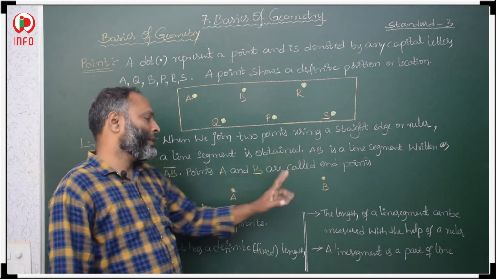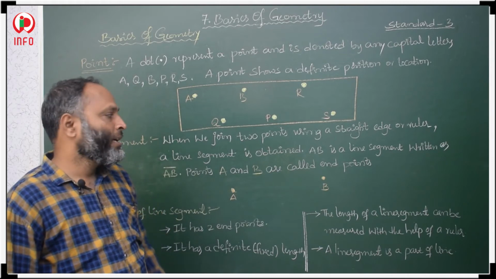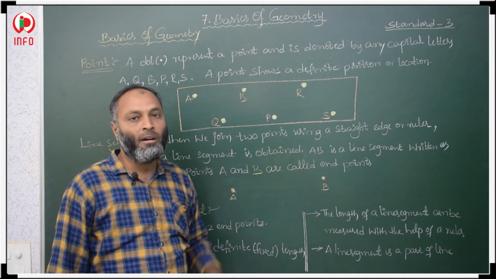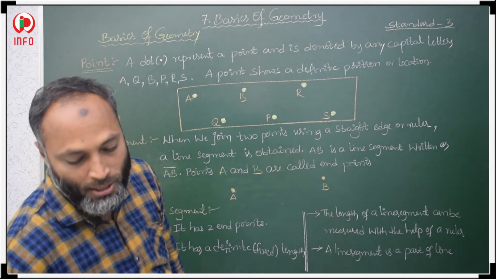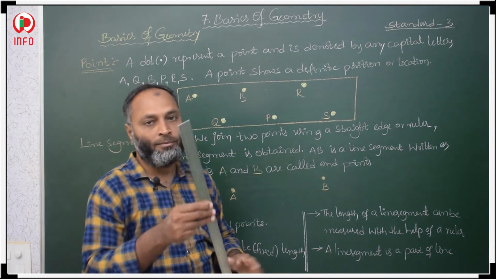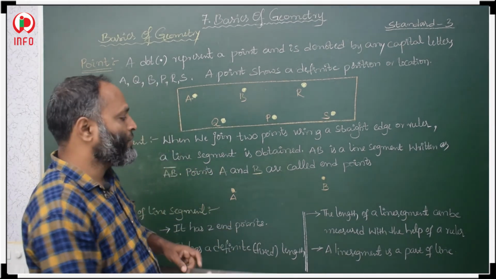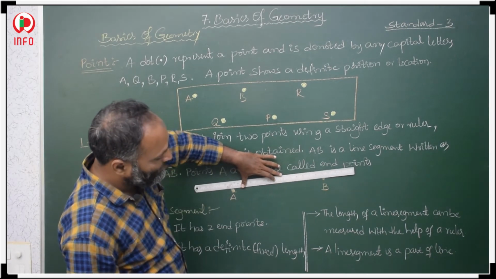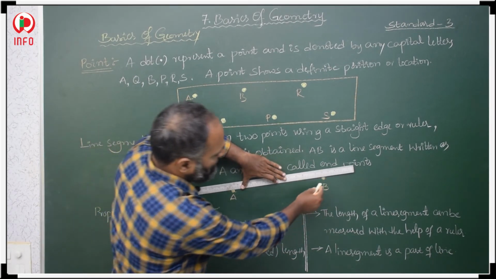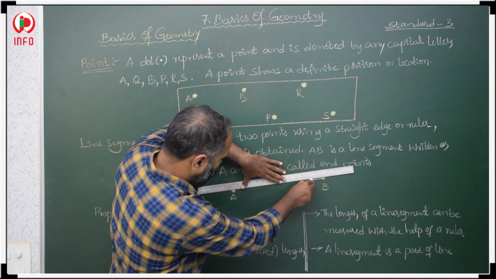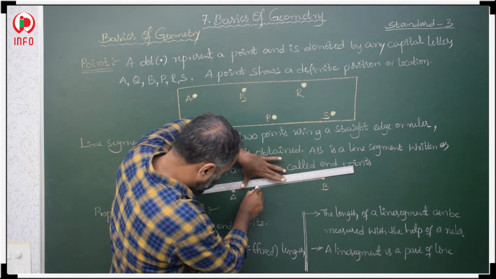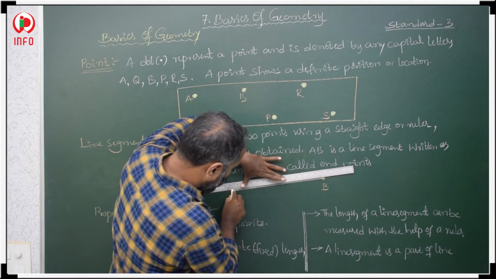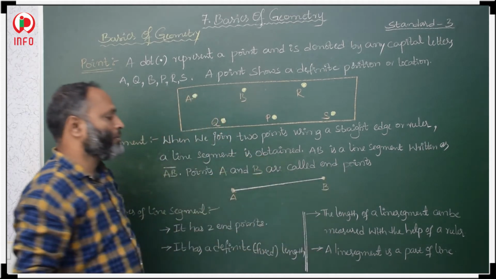So, A and B, these 2 points are given. We have to join these 2 points using a straight edge or ruler. See here, this is a ruler. By using this ruler, we have to join these 2 points like this.